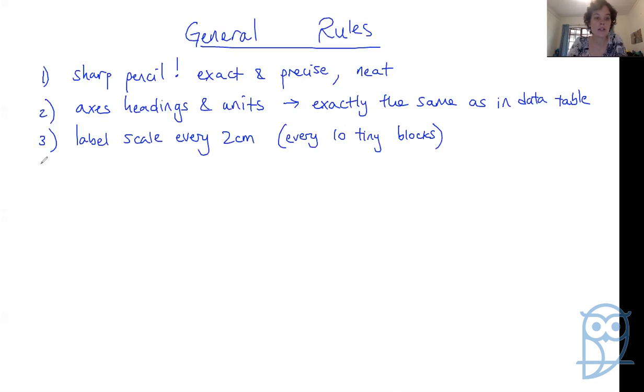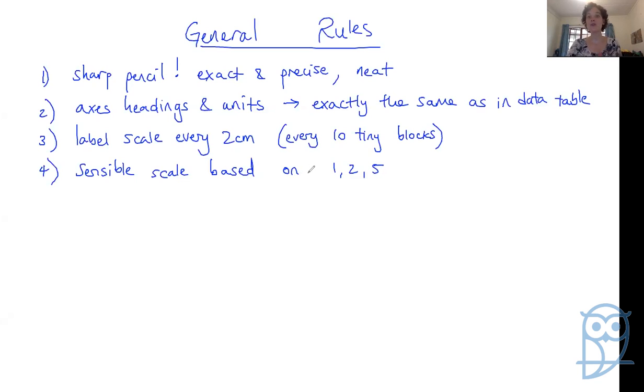Right, next one. We need a sensible scale. So we're going to say it's based on 1, 2, and 5. Okay, so if we're going for ones, we can go 1, 2, 3, 4. Or we could go 10, 20, 30, 40. Or 0.1, 0.2, 0.3. Okay, so it is some sort of multiple of our 1.